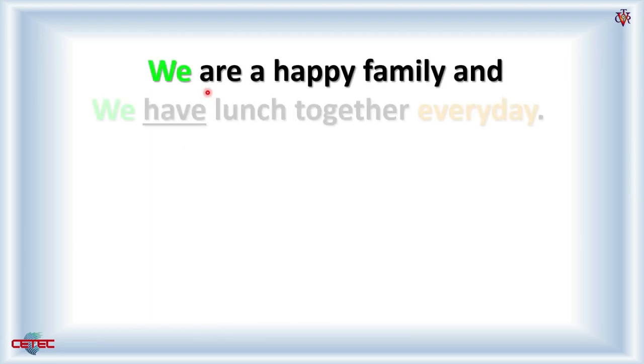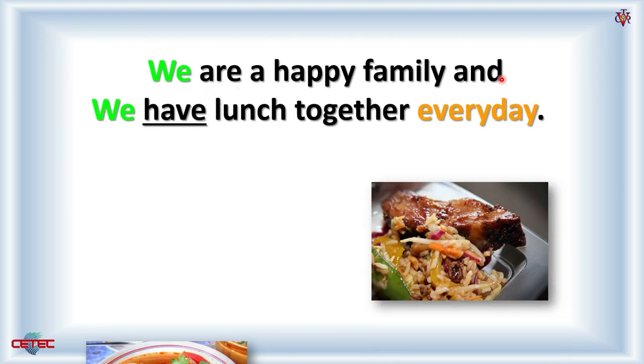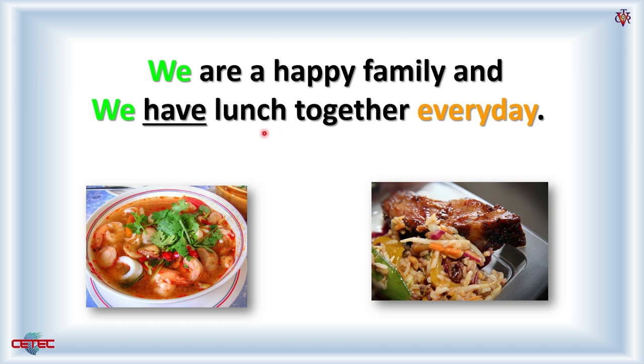We are a happy family and we have lunch together every day. Here, in the sentence, they use the subject we. Now, here, the verb to be, are, and a complement.